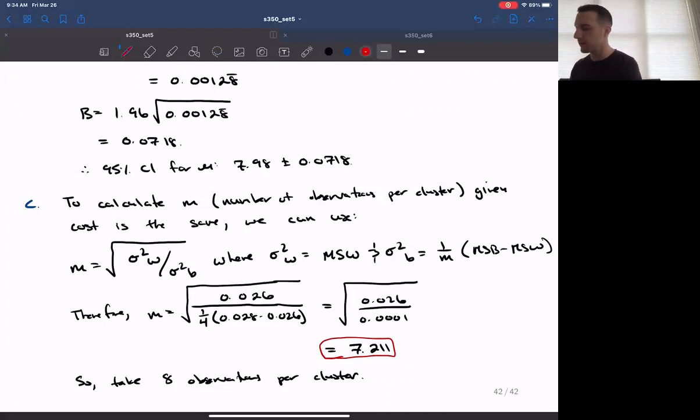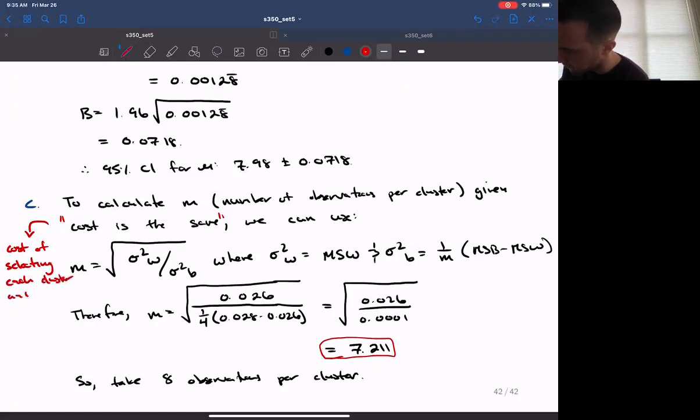I should clarify that when I say cost is the same, what I mean is that the cost associated with collecting the cluster and the cost associated with collecting the observation within the cluster are equivalent.